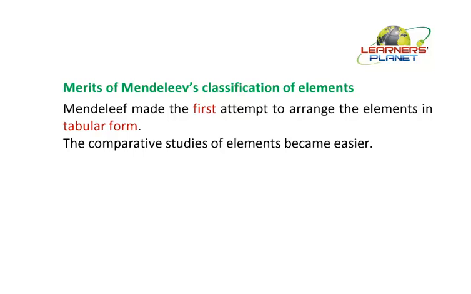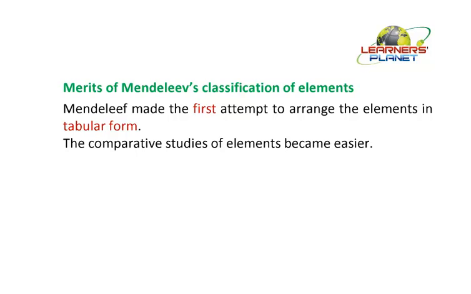Now let's check out the merits and the demerits of Mendeleev's classification of elements. First we will check out the merits. Mendeleev made the first attempt to arrange the elements in tabular form.